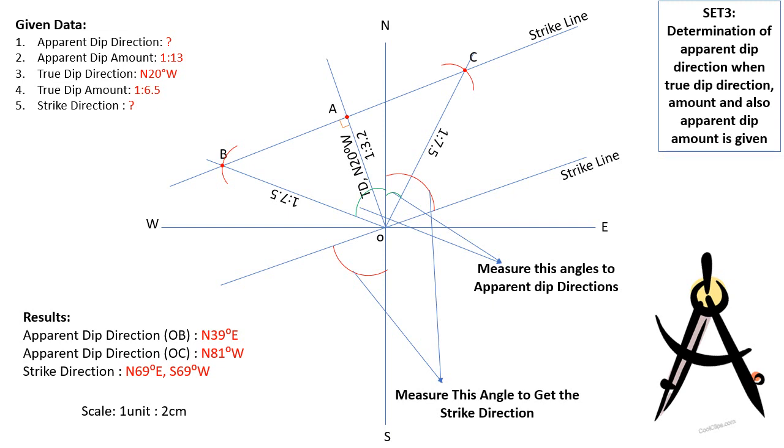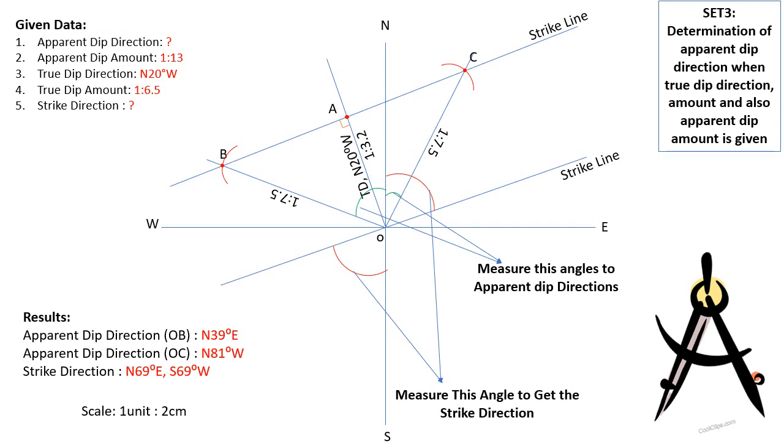And what is the apparent dip direction? This is the angle from north, what is the angle towards east? That is again OB and OC. So how much is this OB? OB is north 81 degree west and this is north 39 degree east.